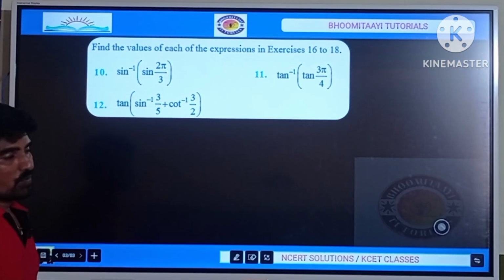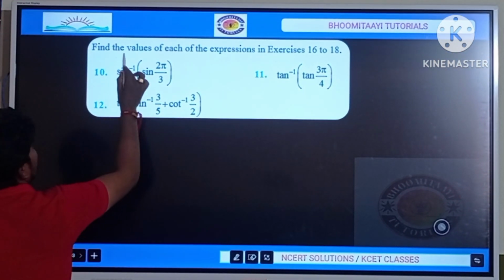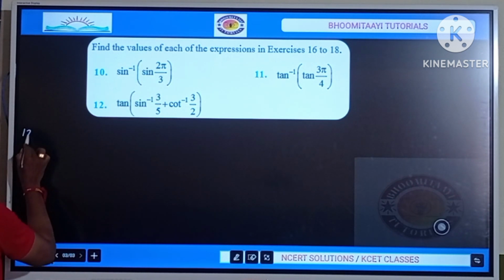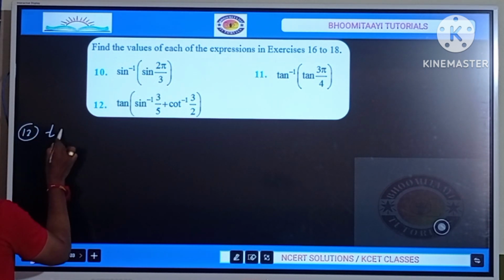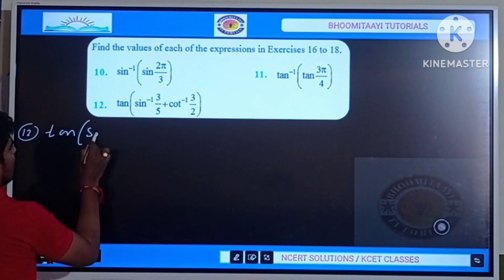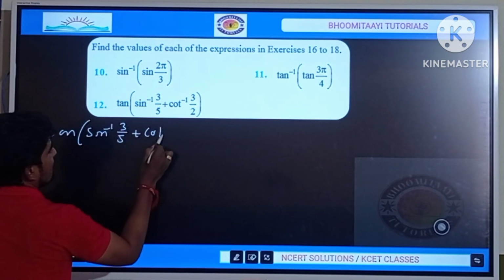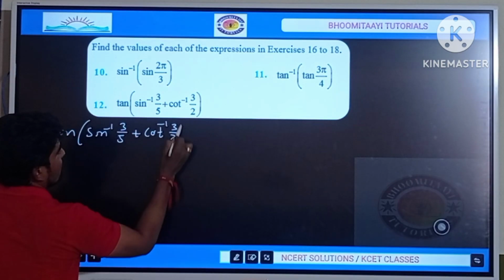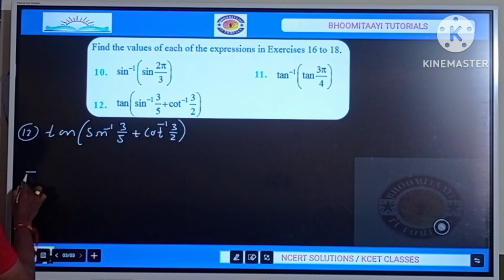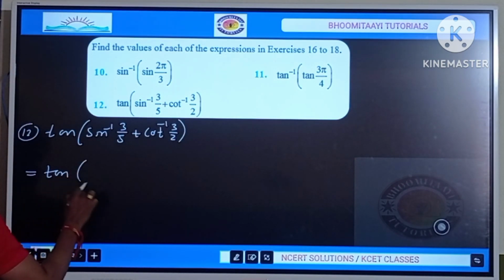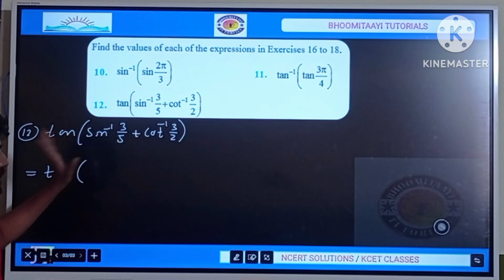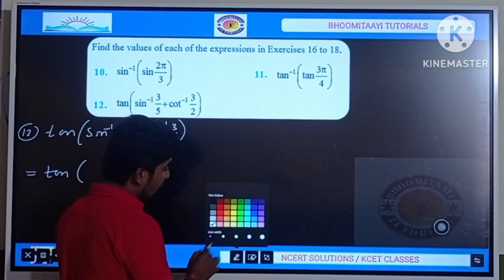Now the 12th question is, find the value of tan of the given expression. To find the value of this, first we should know the formula.